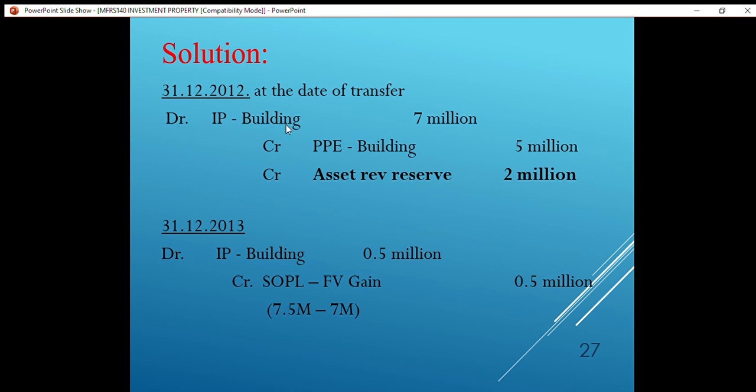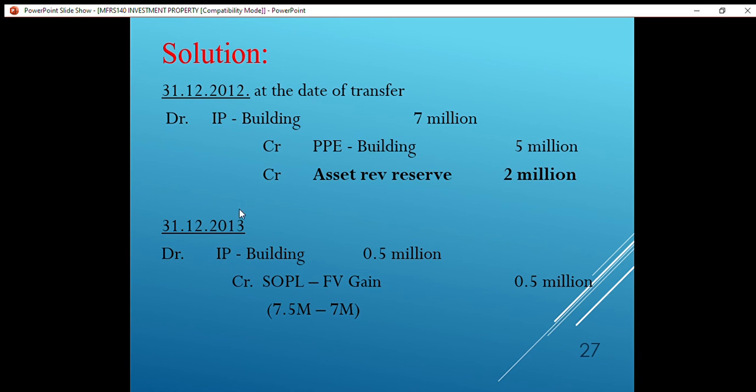And we have to credit the PPE because the PPE has to be written off, since it has been changed to investment property. So we credit PPE by 5 million and we credit the asset revaluation reserve. That is the difference between the fair value and the carrying value of the property, so the difference of 2 million has to be credited in ARR.